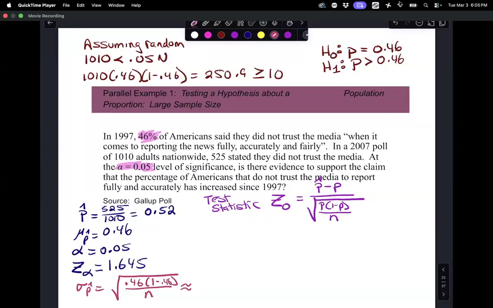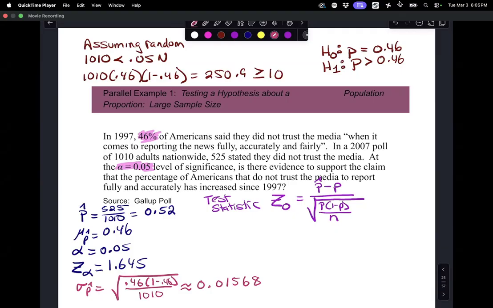If you do it independently, round a couple of decimal places farther than you need. I need a parenthesis around the numerator, 0.46 times 0.54 divided by n. Nobody called me on that, I didn't write 1010 down here. It's all right. I'm going to go a few decimal places out: 0.01568. That's how far I'm going to go out.